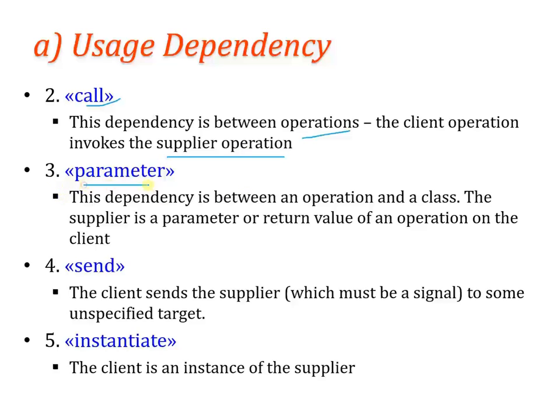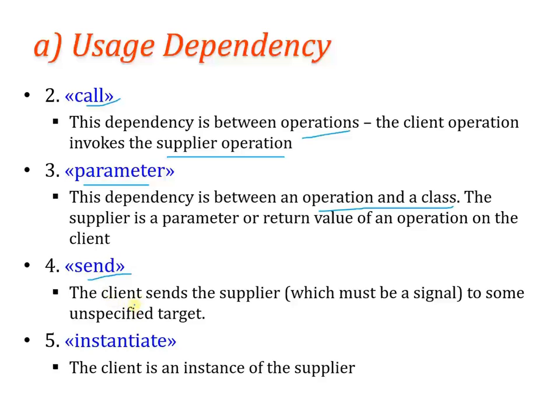The third category is called parameter. This dependency is between an operation and a class. The supplier is a parameter, or it may return a value of an operation to the client. The next category is called send dependency.